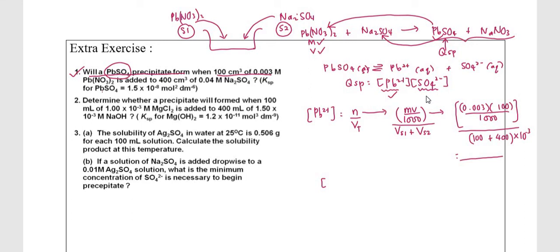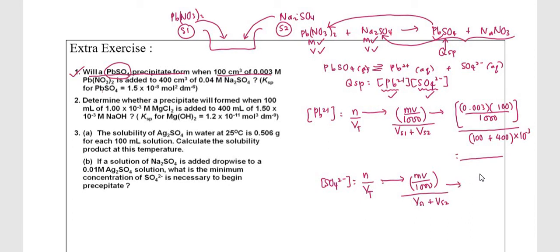Okay. Now you want to find the concentration of SO4 2-. If you want to find it, you must refer to this solution. M is also given, volume is also given. Use the same formula, mole over total volume. That means mole, MV over 1000, divided by volume of solution 1 plus volume of solution 2.